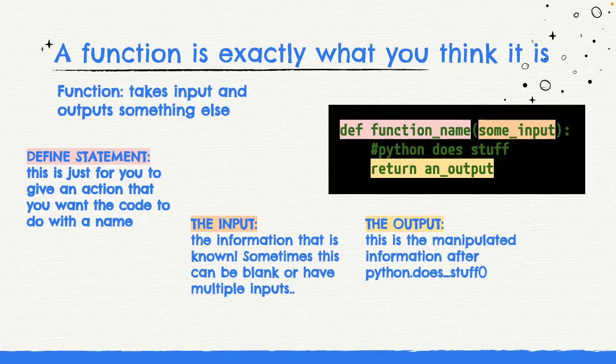In the circle example, you would compute the area, like pi r squared, and then return that as an output. You could do this in one line, or define a variable to hold the area and then return that. But basically that's what you do.